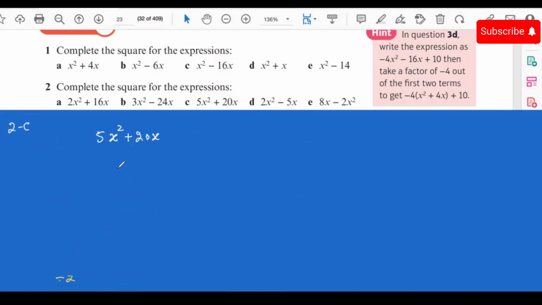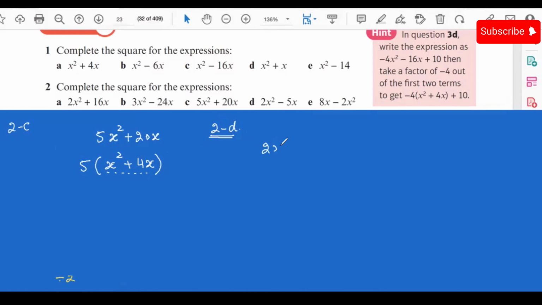So the method will be again the same. We have 5 as a common factor, so 5 will be here. We are left with x squared plus 4x. You can now, I'm sure, convert this expression, x squared plus 4x, into a square. So I can see that the 2D could be a bit complicated, so let's have a look.